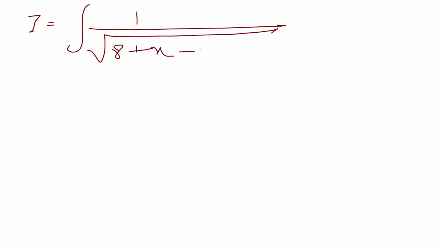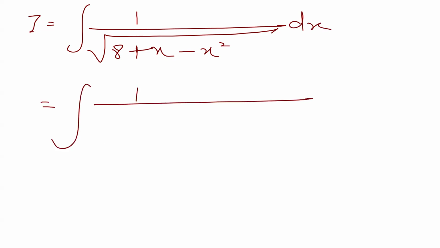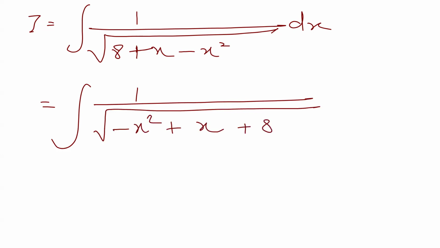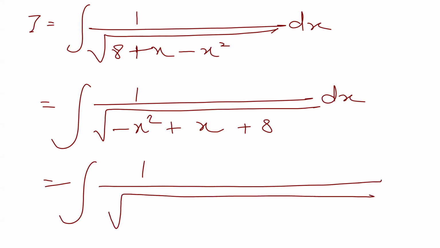So I1 is equal to integral of 1 upon root of 8 plus x minus x square dx. Fine. So first rearrange the terms: minus x square plus x plus 8. Take minus sign common.